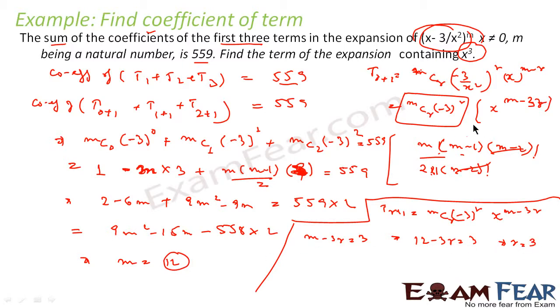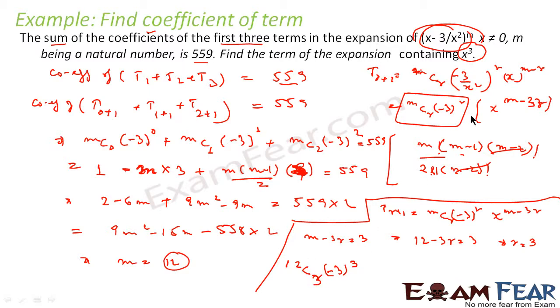So the coefficient we are looking for has m equal to 12 and r equal to 3, because if we put r equal to 3, we get x to the power 3. So it is 12C3 (minus 3) to the power 3, because we are looking for mCr (minus 3) to the power r, and r is equal to 3 here.